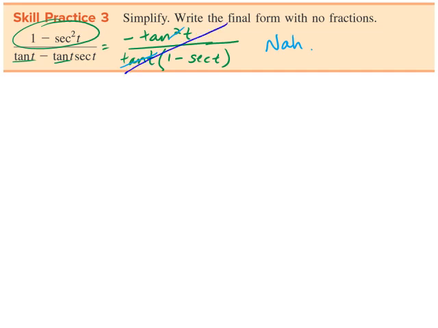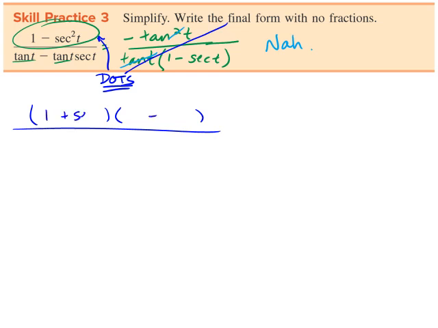So we're going to skip out on this, and instead, we're going to recognize that this here is a difference of two squares. Like I said before, this comes up a lot. So remember, with a difference of two squares, you have the same factors. One has a plus, one has a minus. So we'll have 1 plus secant of t and 1 minus secant of t.